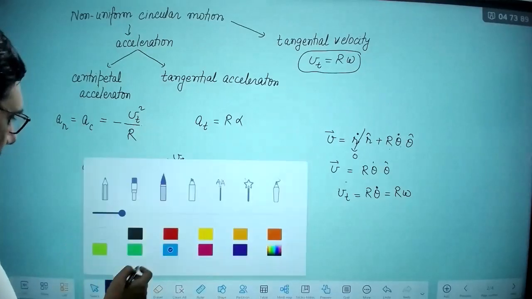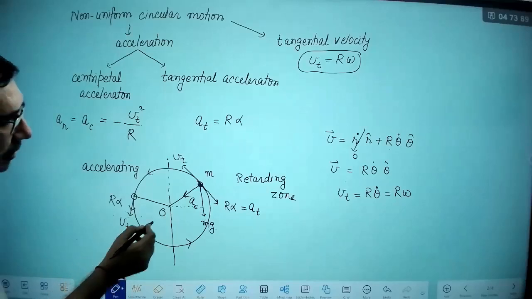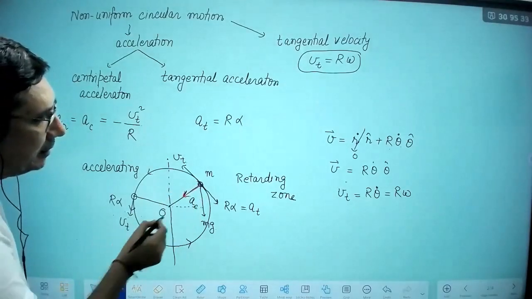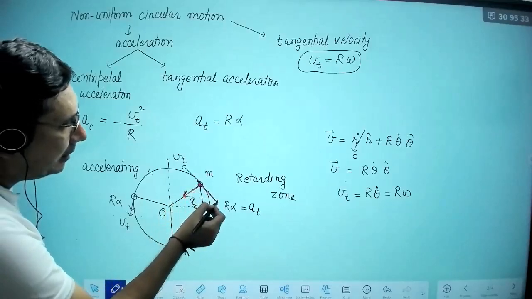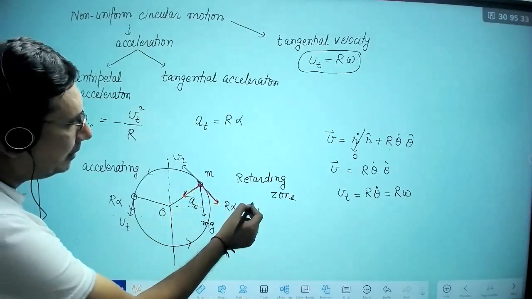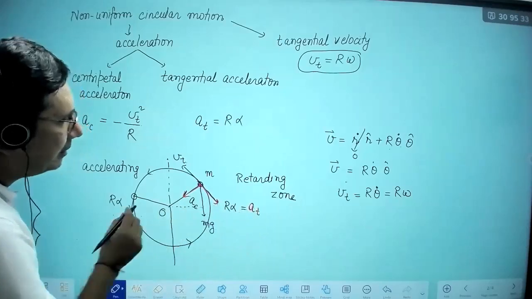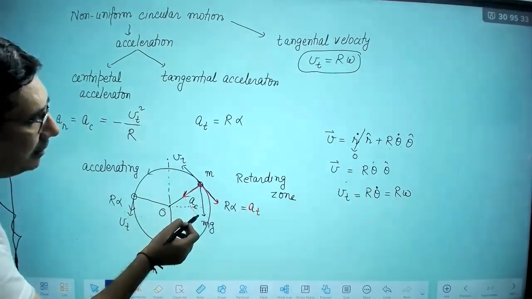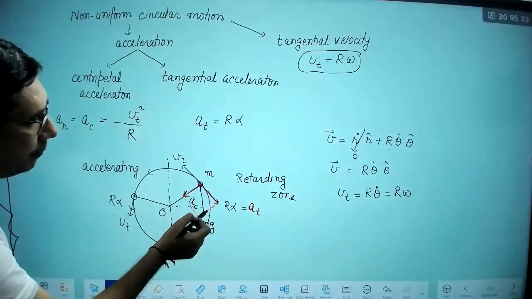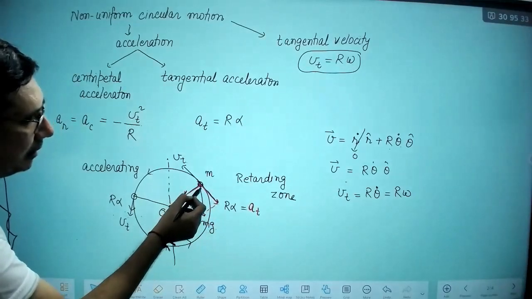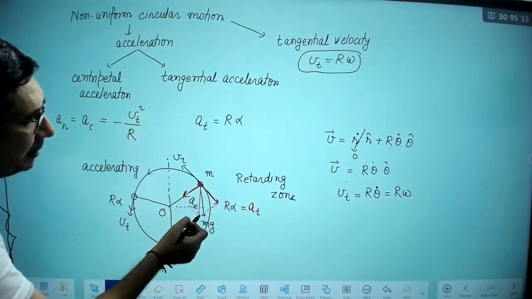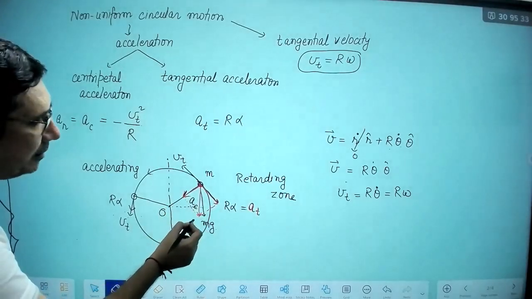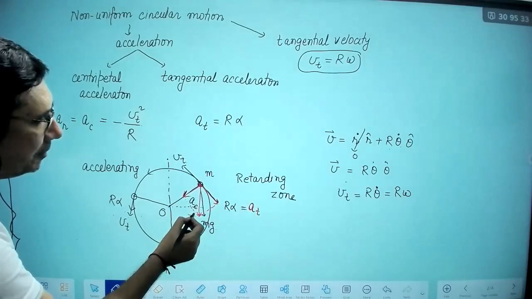Two accelerations will be there, AC and AT. So there will be a resultant acceleration in this case. This type of question also they ask. If you are having this situation, then the resultant acceleration will be here.